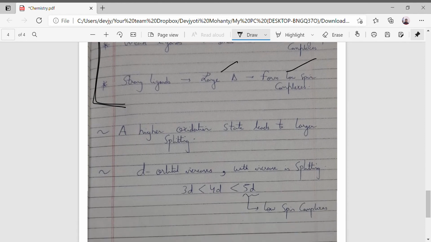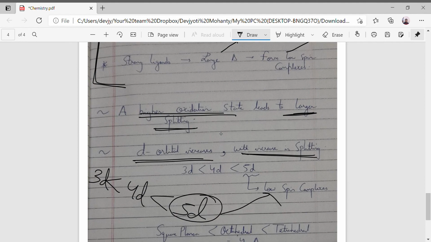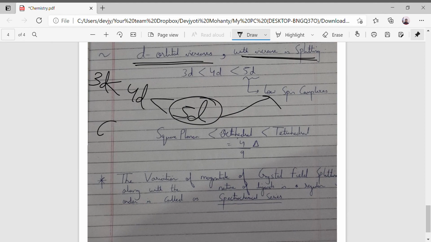High oxidation state leads to larger splitting, and as the d orbital number increases, splitting also increases, in the order 3d is less than 4d is less than 5d, in which 5d has low spin complexes. Then talking about geometry, square planar is greater than octahedral is greater than tetrahedral, which creates 4/9 delta.